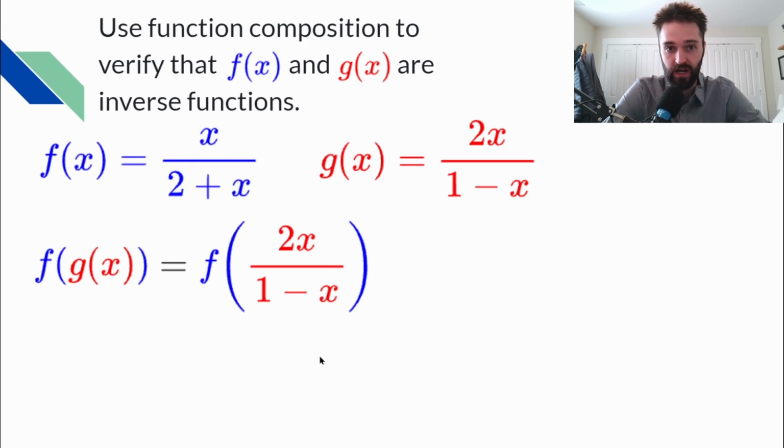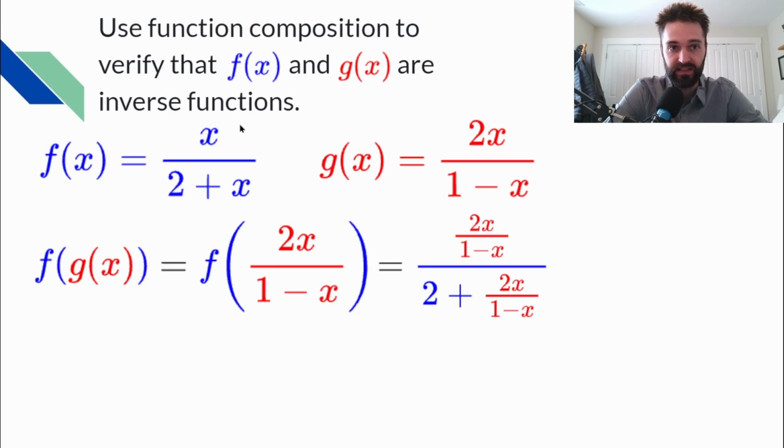And what we're given here is 2x over 1 minus x. So we're going to plug this red fraction into this slot and into this slot. And this is what we end up with. It's pretty messy, but we know how to simplify complex fractions. We've done this before.